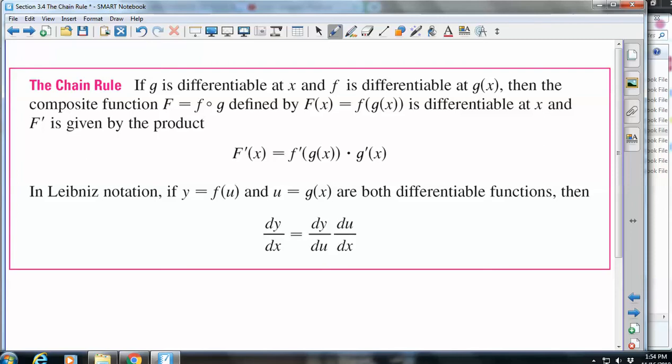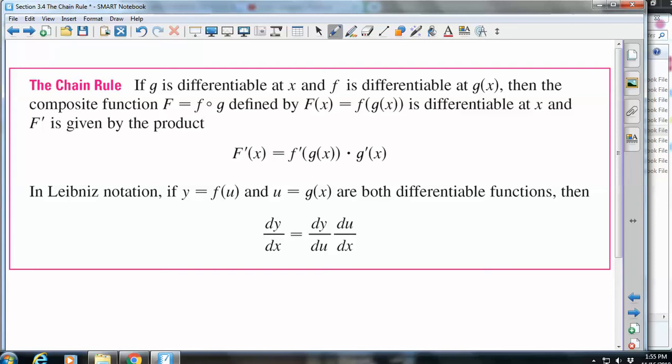To do the derivative of that type of function, you do the derivative of the outside function, leaving the inside alone, times the derivative of the inside. So in this case, if this is my function, you do the derivative of the outside part. The outside part is my 5th power. When you do something to the 5th, the 5 comes down and you subtract 1 from your power, right?